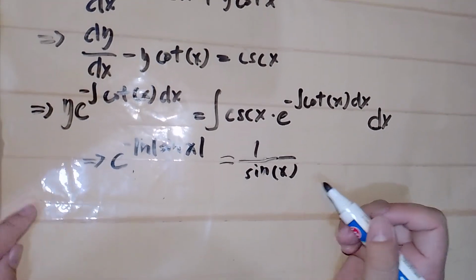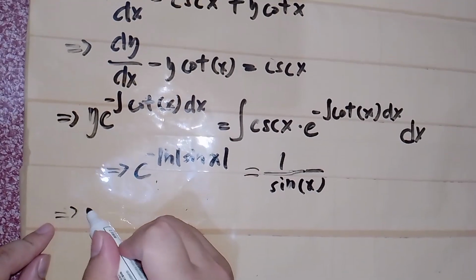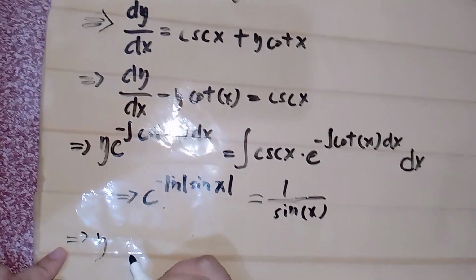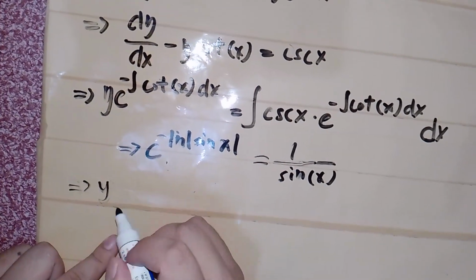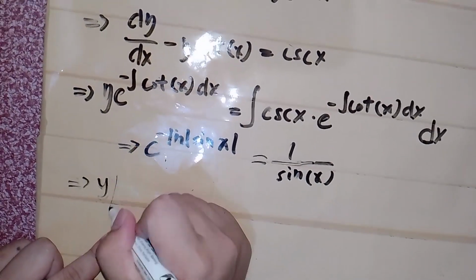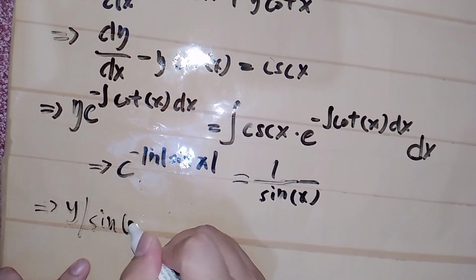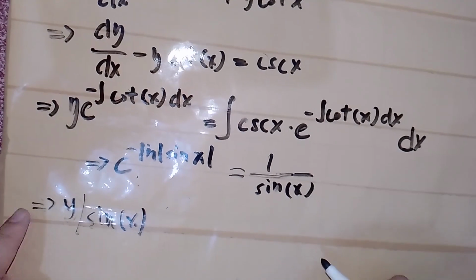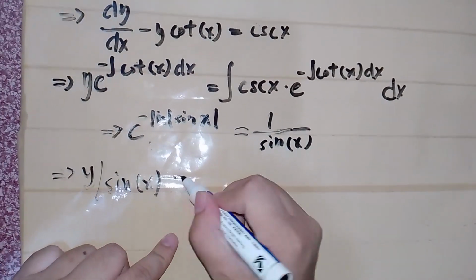Now, we have to change the value of e over here, the one beside our y, so we have y over sine of x. Simple lang, we multiply, so that is the result.